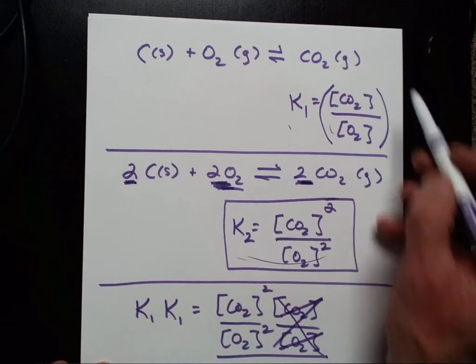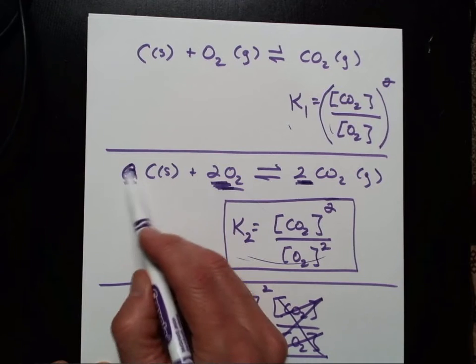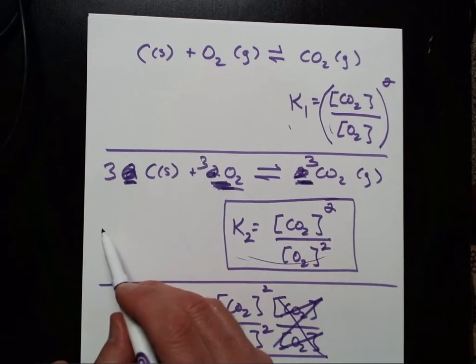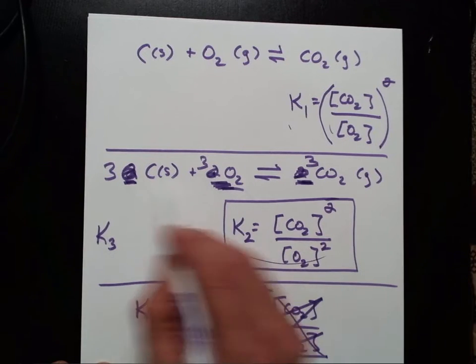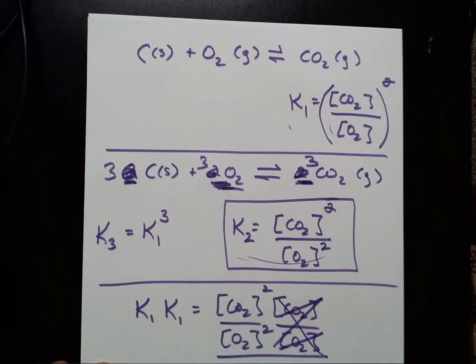In this case, we multiplied it by 2, so we square it. If we were going to multiply this, say, by 3, well then K3 for this expression would be equal to K1 cubed.